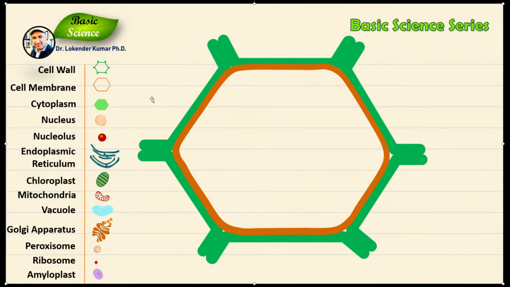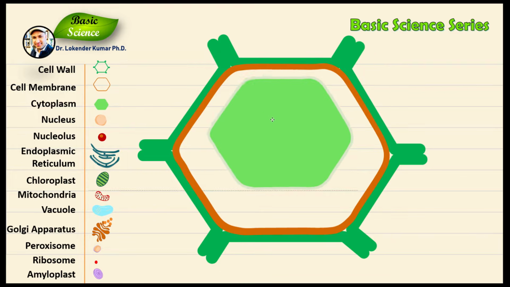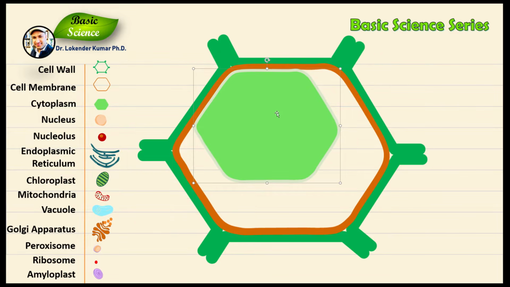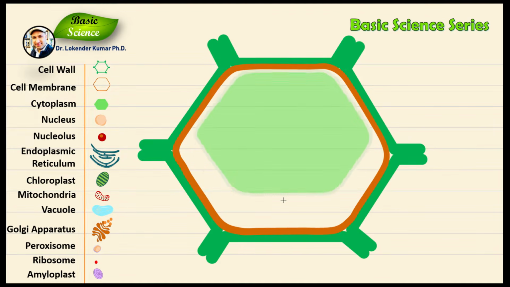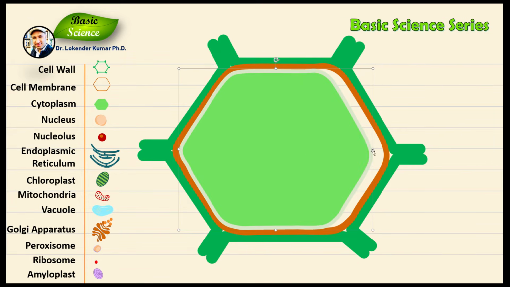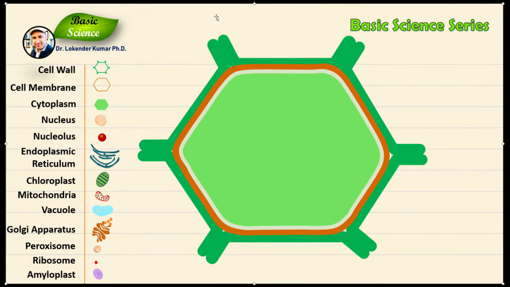From here, the next component that I'm going to create is the cytoplasm. The cytoplasm of any cell includes the gel-like material that is present inside the cell, which can be a really complex material, plus all the organelles that are present, but not the nucleus.